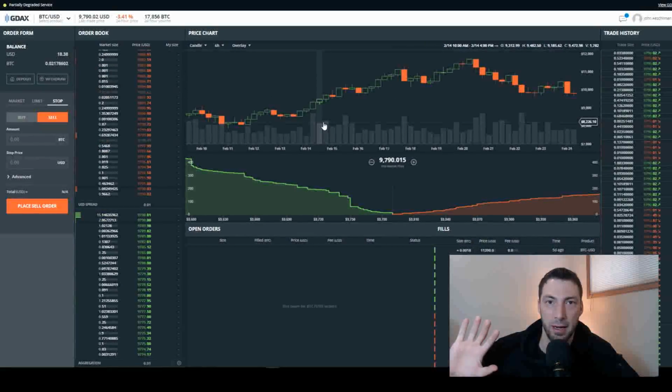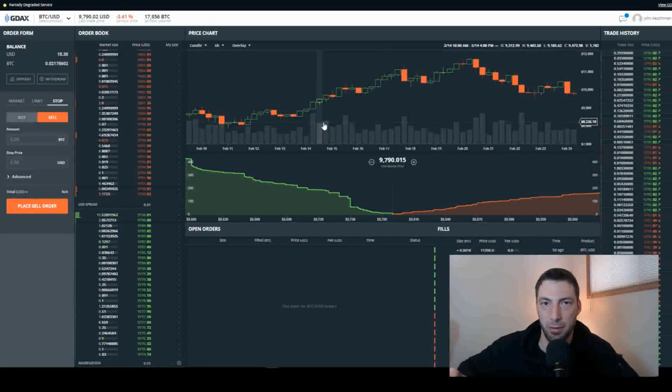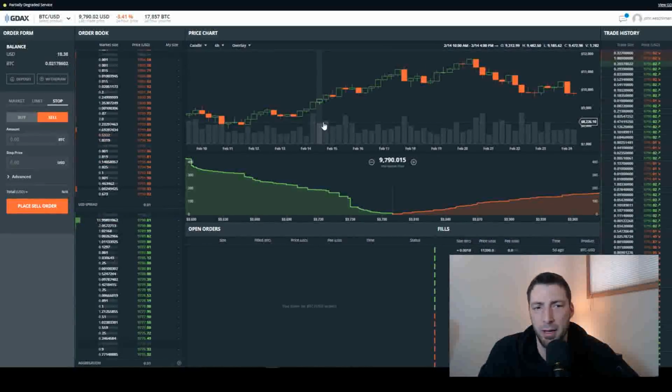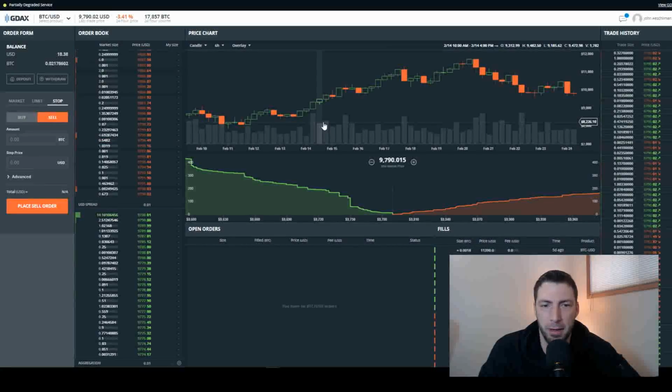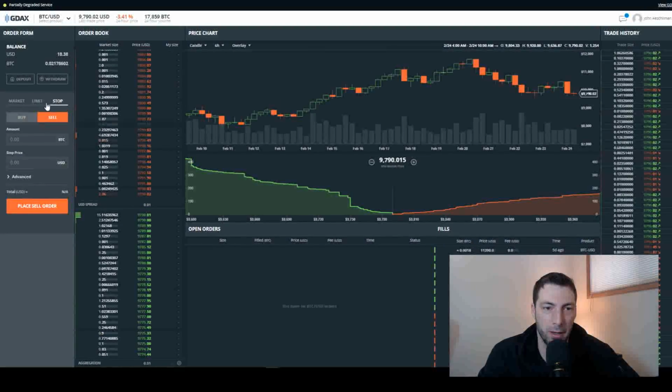So I'm out of the trade, and I stopped myself from my loss, but I never was able to buy back in because it wasn't there. And that's something that can happen, just as an example to think about. You may be able to get out, but then if you're not there, you're not going to get back in either, unless you've set your limit orders or set some other stops and things like that.